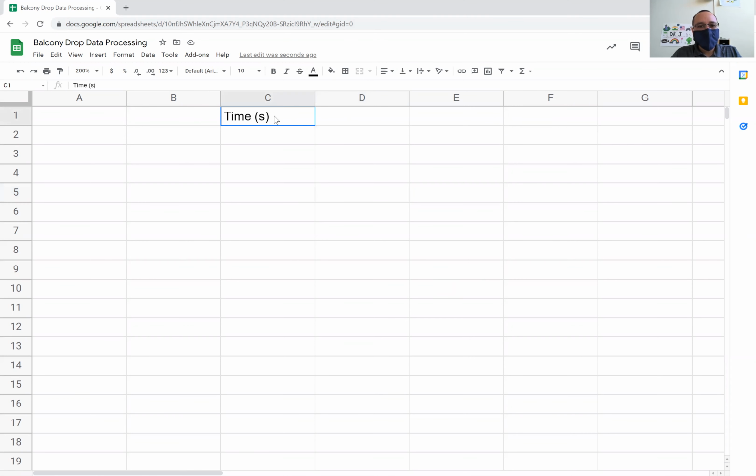One thing that's really important to note is that we put our unit in the header for the column so that we don't have to write our unit below for any of our time values. If we include the unit with any of our time values, then Google Sheets will get confused and it'll mess up the calculations. So we always want to leave our unit right there in the column header, okay? And so we performed 3 trials.